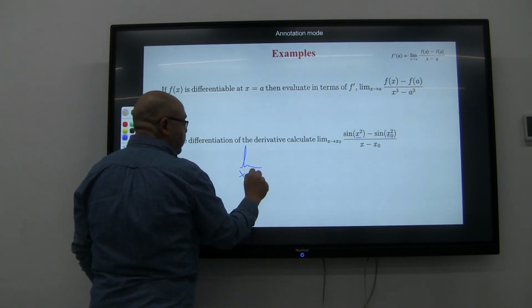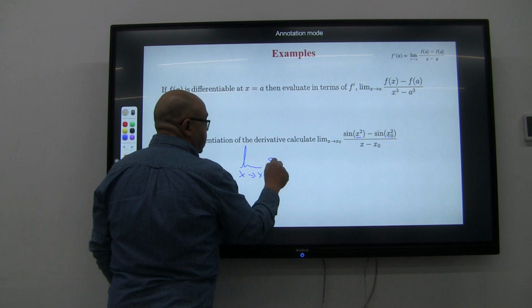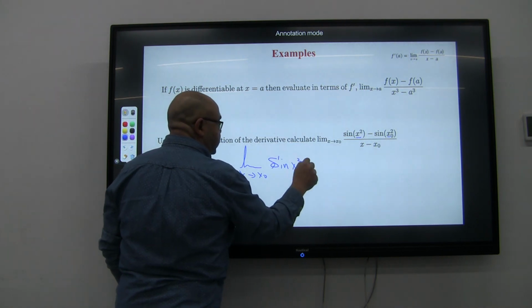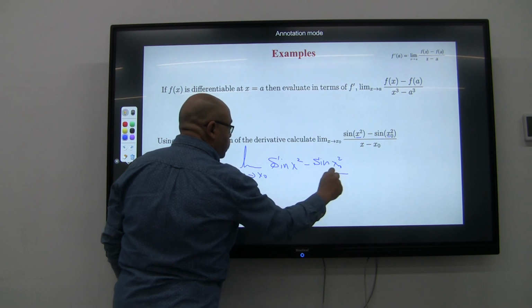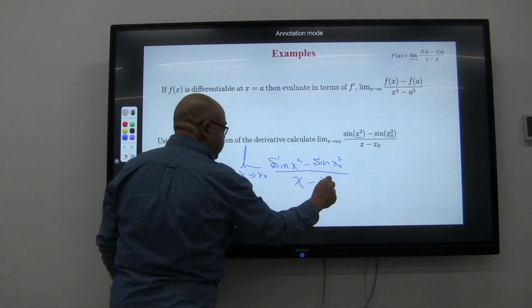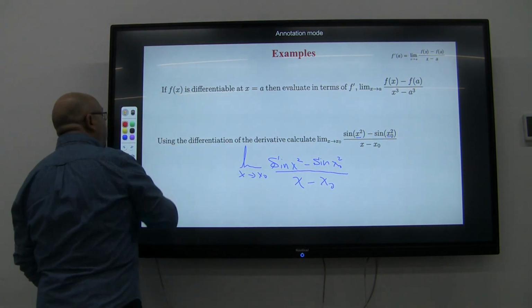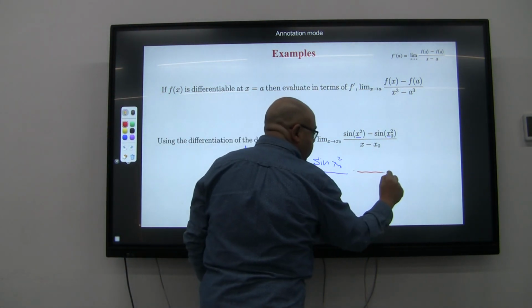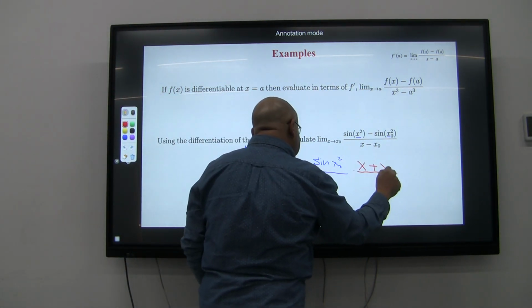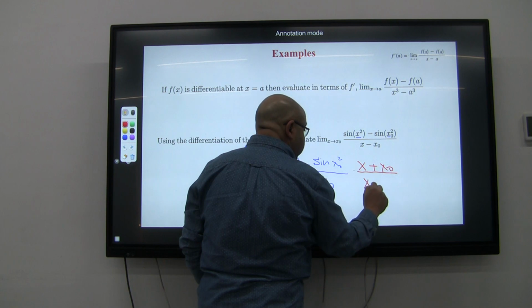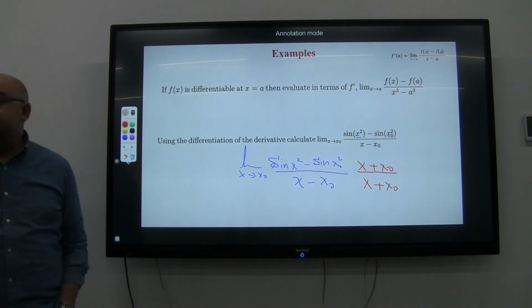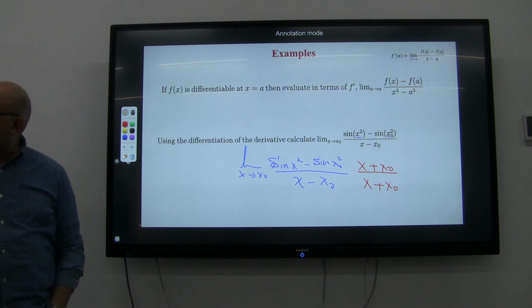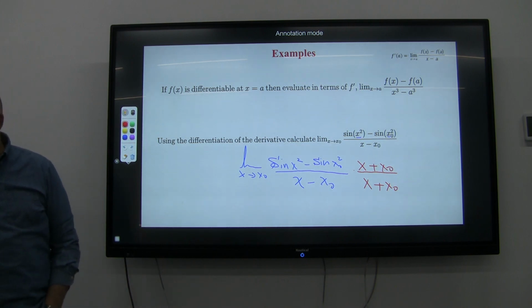See, limit as x tends to x naught. This is sin of x squared minus sin of x naught squared, divided by x minus x naught. Why not try multiplying by x plus x naught over x plus x naught? Actually, I'm not going to change anything because I'm multiplying the same quantity on both numerator and denominator.